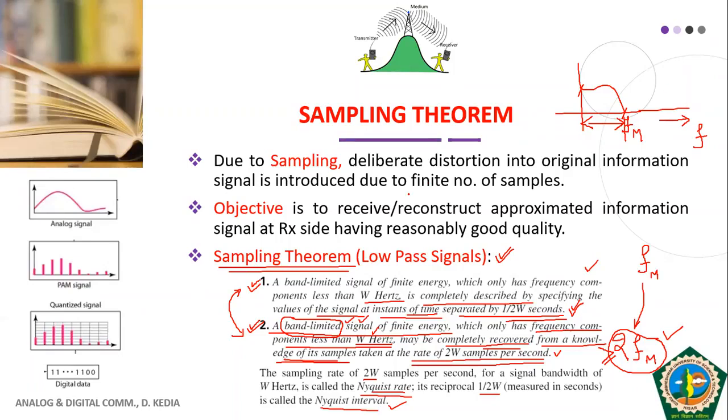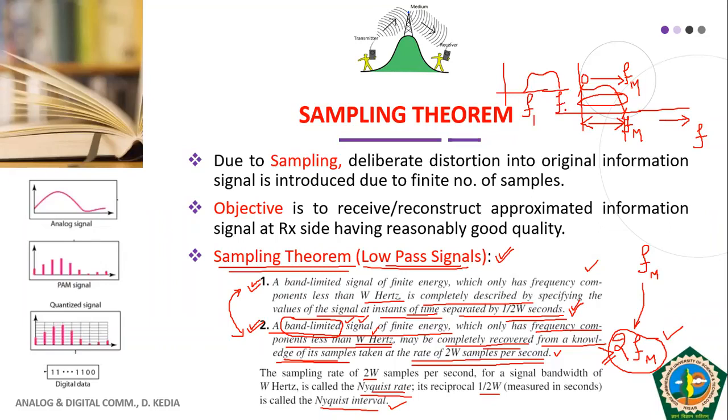Fine. And then another point I asked you to note, that is low pass signal. Low pass signal means your signal frequencies are from 0 to some frequency, say FM, whose pass band lies in the lower range of frequency. We also have a sampling theorem for the band pass signal. For a band pass signal, your signal has a certain band of frequencies, say from F1 to F2.